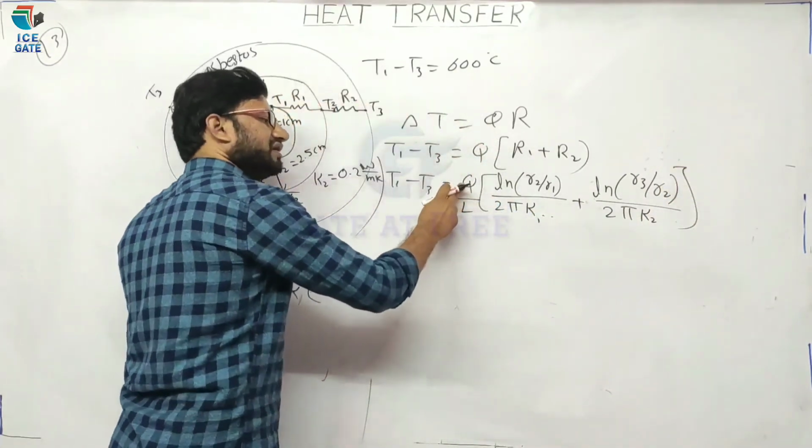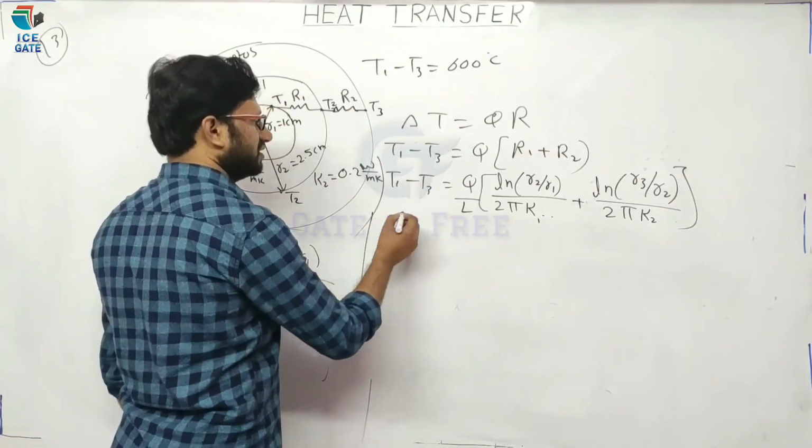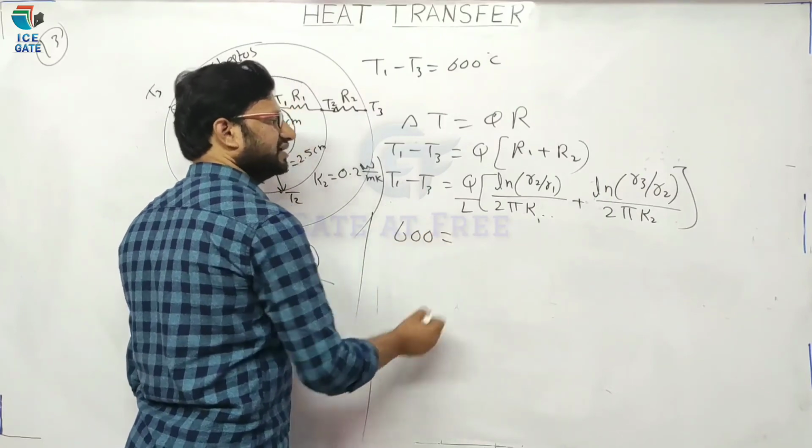We have to find the rate of heat transfer per unit length, Q by L. Now substitute all values. T1 minus T3 is 600 degrees centigrade.